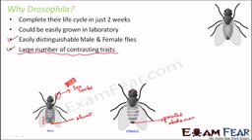If you talk about wing shape, some have vestigial wings, some have normal wings. If you talk about body color, some are yellow, some are brown. So body color, eye color, wing shape are examples of the contrasting traits you can see in Drosophila.